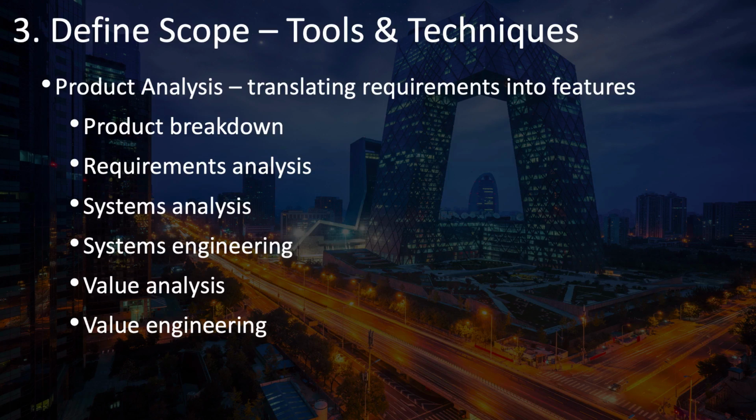Another product analysis technique is to use user stories, in which you ask who needs this and why do they need it. In fact, there's another technique called the 5 whys, in which whenever someone gives you a requirement, you ask why. And when they tell you why, you ask why again. And you keep peeling back the layers of reasoning by asking why over and over again, sometimes about 5 times.